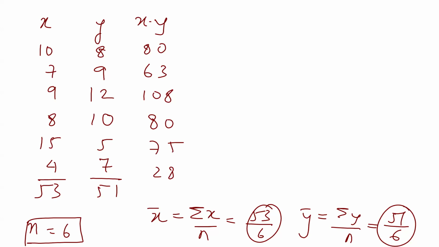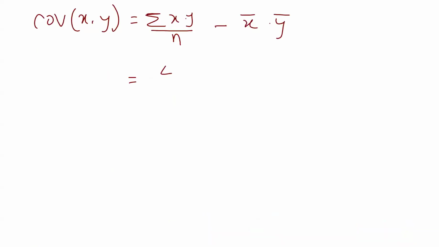Let's add these values and see what we are getting. 80 plus 63 plus 108 plus 80 plus 75 plus 28. So this is 434.